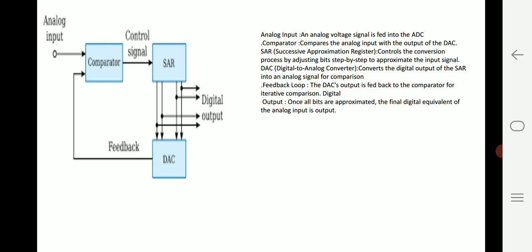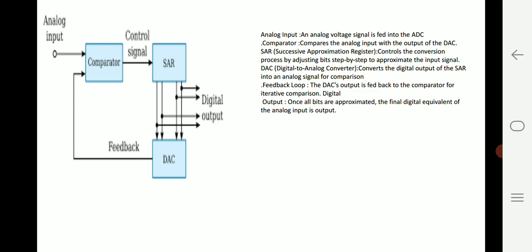So as we can see in the block diagram how the SAR ADC is implemented. First we give the analog input to the comparator, and the output of the comparator is a control signal that is applied to the SAR.